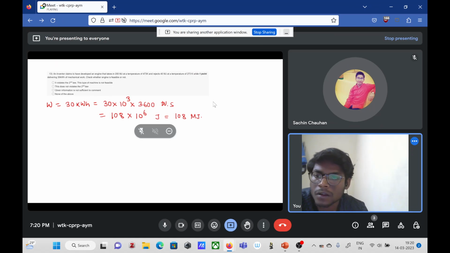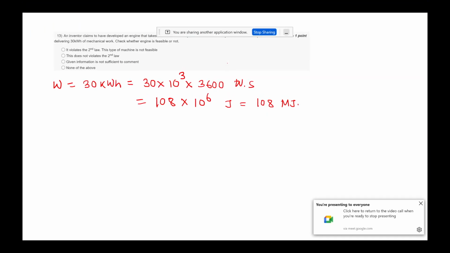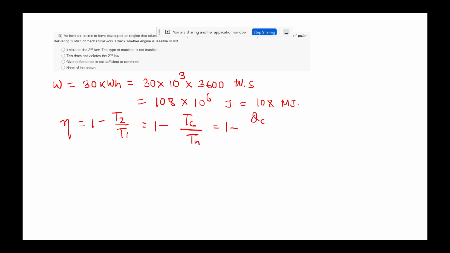So the question says whether the engine is feasible or not. Now to do that, we know that efficiency is 1 minus T2 by T1, or 1 minus Tc, cold reservoir, by Th. It is actually 1 minus Qc by Qh.